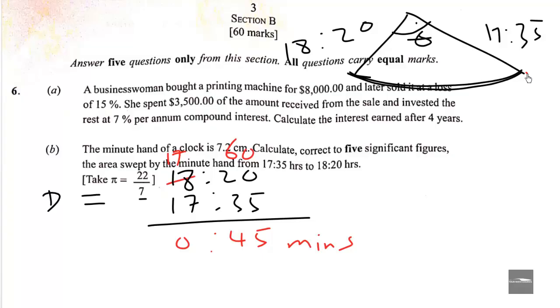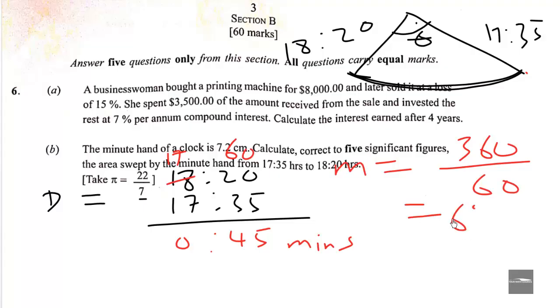Now each time the minute hand moves in a clock, it covers an angle of 6 degrees, because we have 60 minutes in one revolution. So each time the minute hand moves, it covers an angle of 6 degrees.